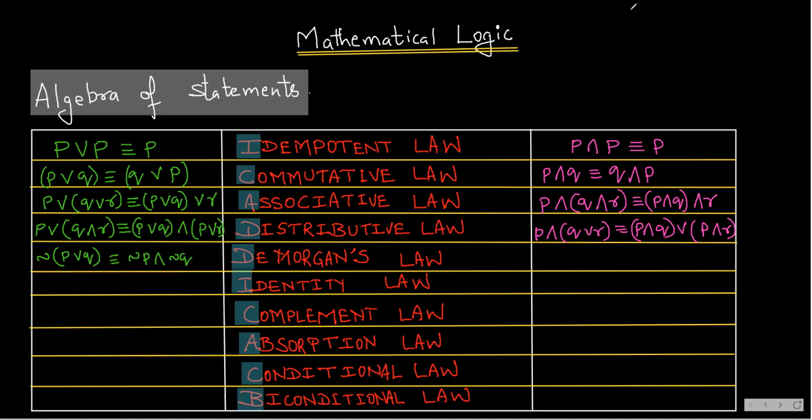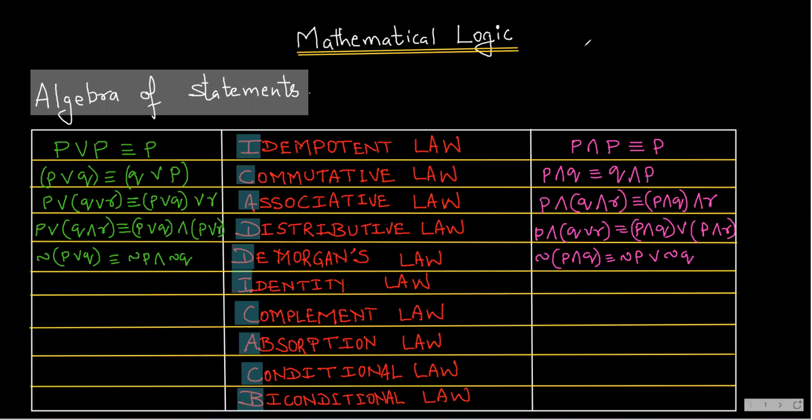So negation of P or Q is negation P and negation Q. Then here you have negation of P and Q. You will write this as negation P or negation Q. So we have completed the first 5 laws. Just have a check for these 5 laws and write them in your notebook.